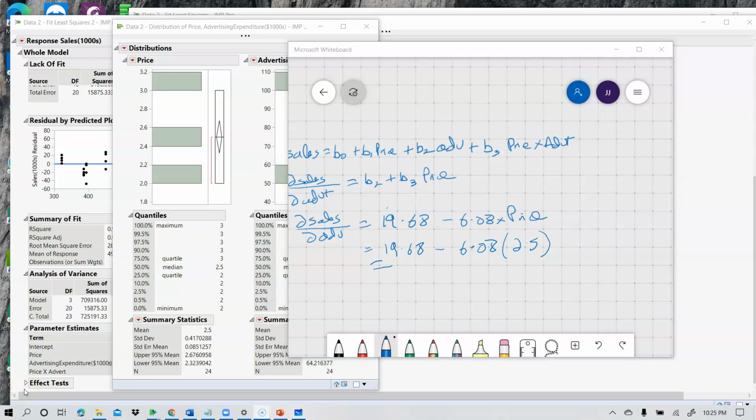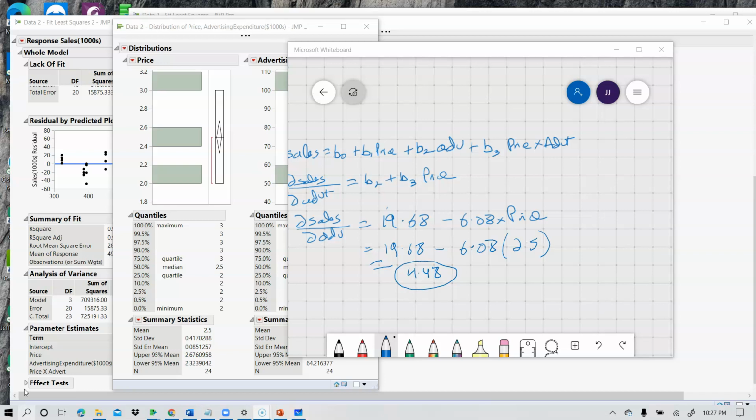And then plugging these in the calculator, we get an answer of 4.48. What this number tells us is that an increase of ad spending by a unit will be changing our sales by 4.48 at the mean value of price.